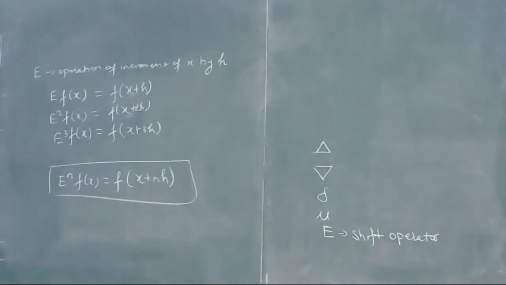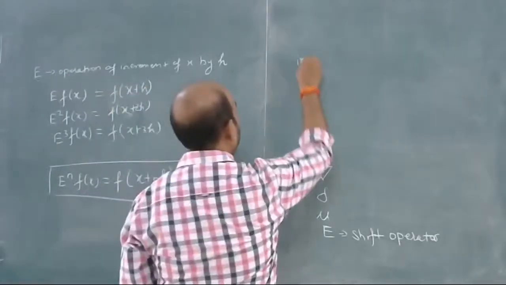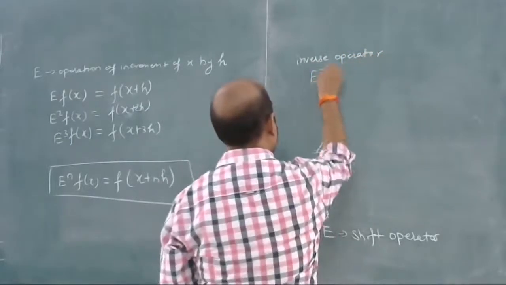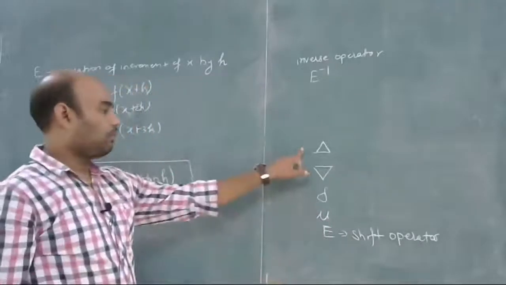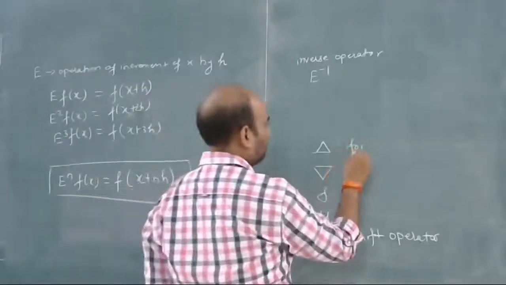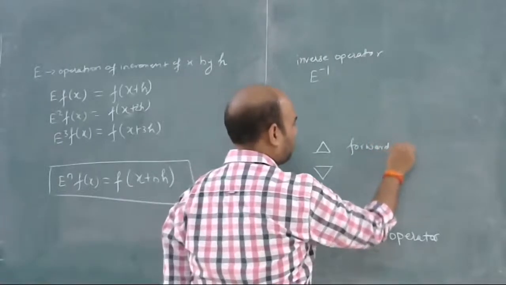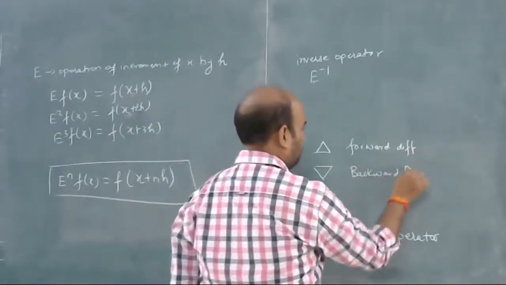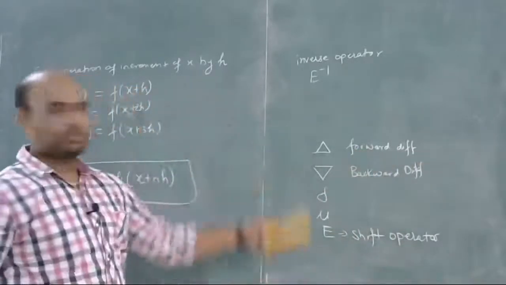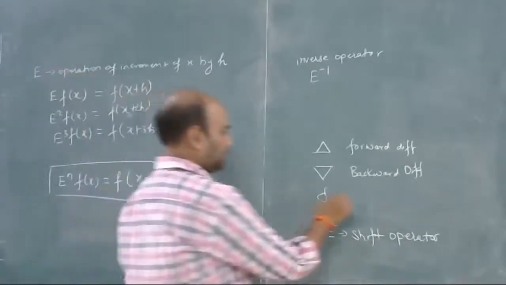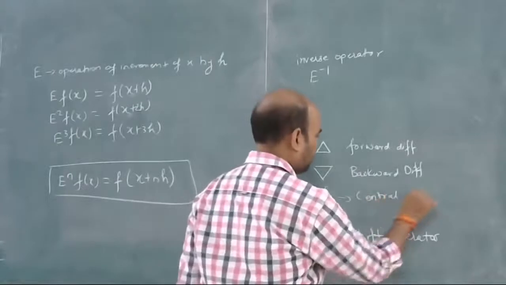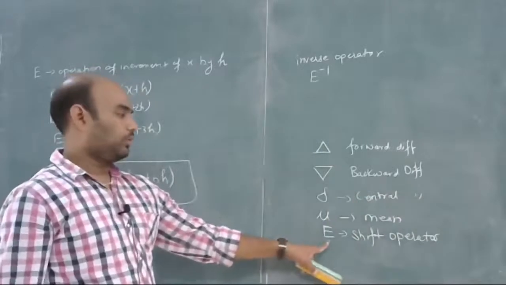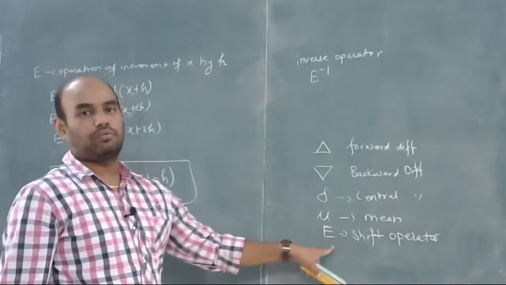Okay, so the inverse operator, E inverse. This is the forward difference operator, this is backward, this is your central difference and this is the mean of central difference, and the new operator is the shift operator. It shifts the value of x by h.